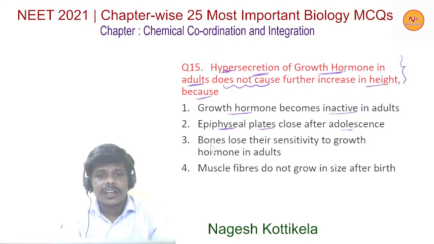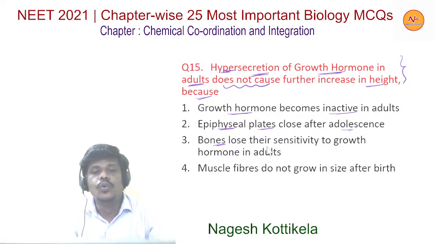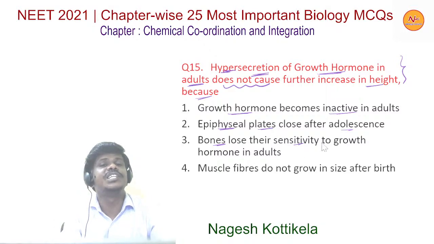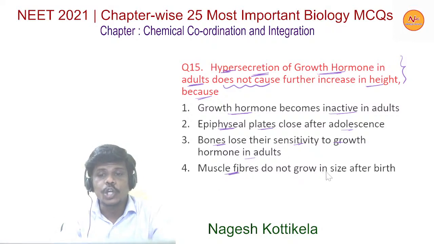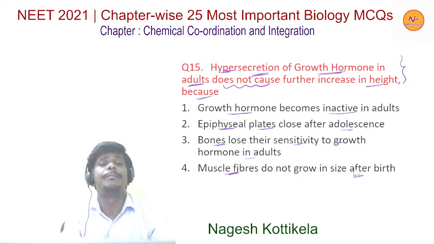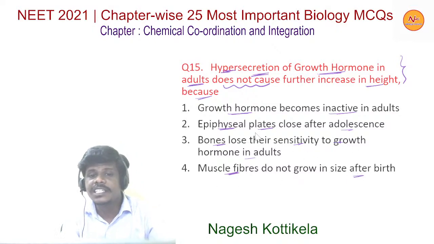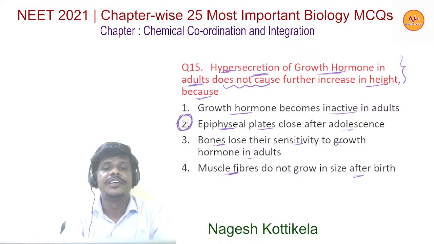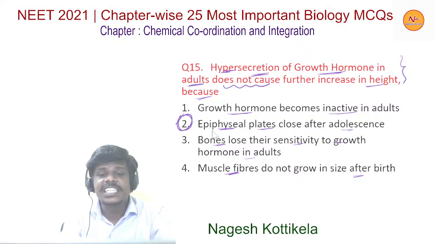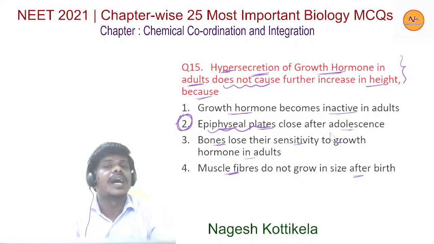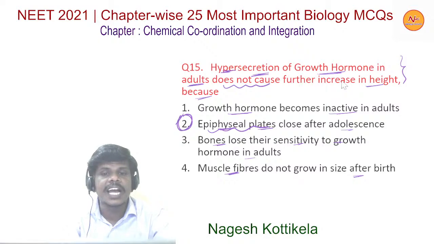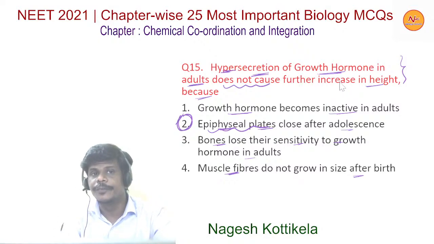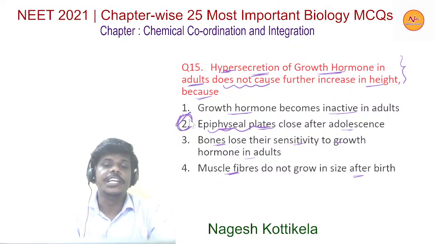Third one, bones lose their sensitivity to growth hormone in adults. And option 4, muscle fibers do not grow in size after birth. Among these options, option 2 is the right one. Epiphyseal plates close after adolescence, so further increase in height does not occur.